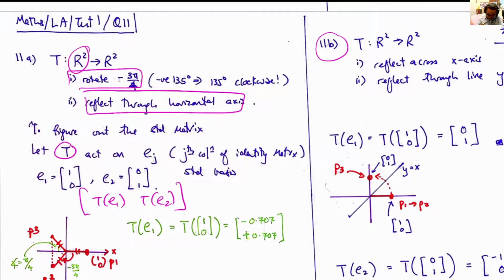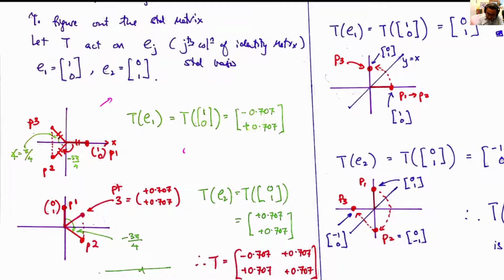The problem is R2, so E1, the standard input, is 1, 0, and E2 is 0, 1, for the first standard input vector and the second standard input vector.